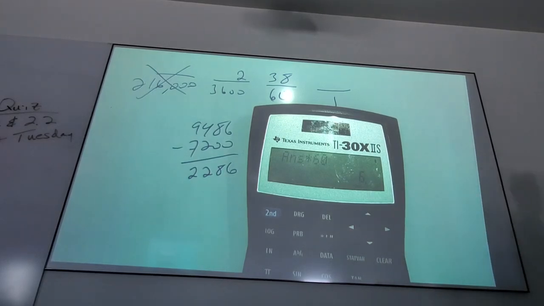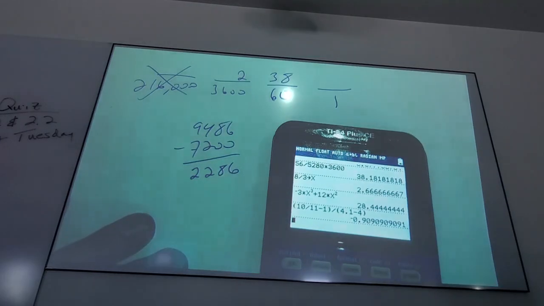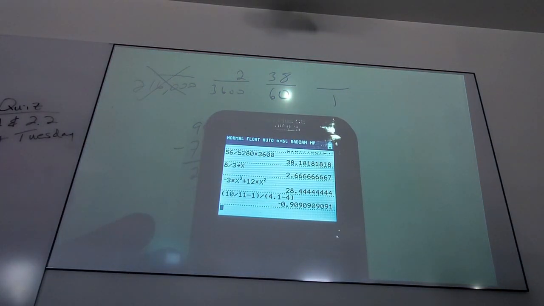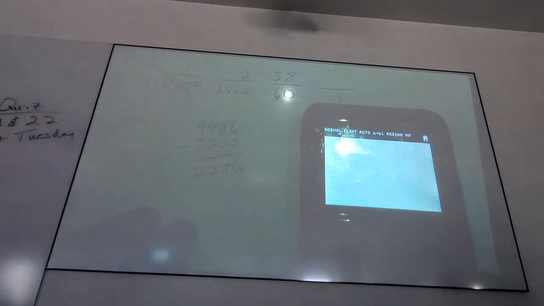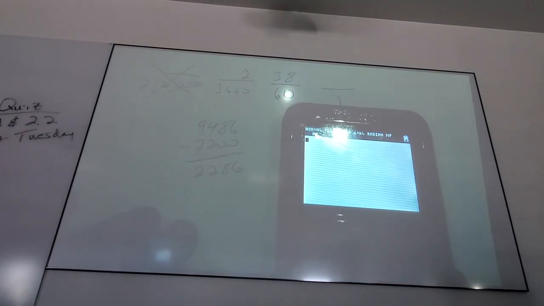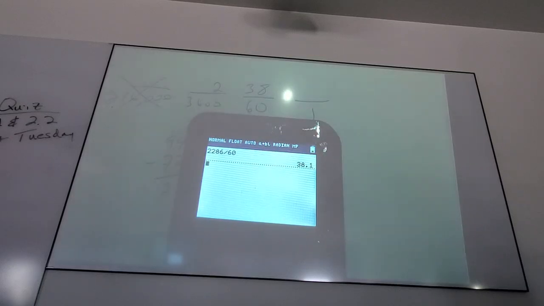Okay. So let me do this again. Look at that! So I got, what was it? I forgot what we did. 2286 divided by 60. All right, I like it. So when you divide, the remainder is going to be put over 60, correct?